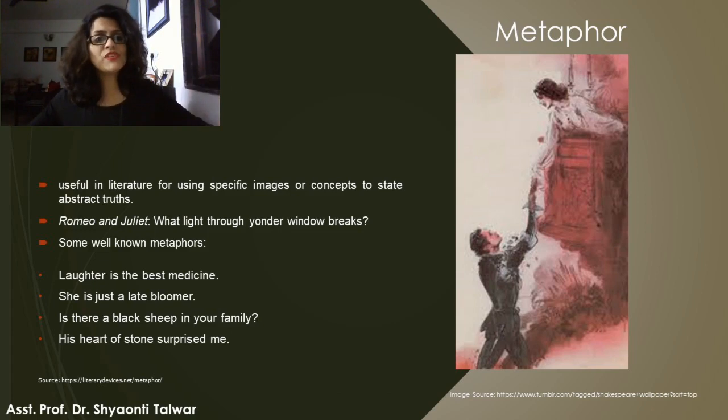So the moment she stands by the window, it is like the sun rising, or it is like some powerful light. So Juliet's physical appearance also has the semblance of a radiant light, and her metaphysical, her spiritual presence for Romeo is life giving.